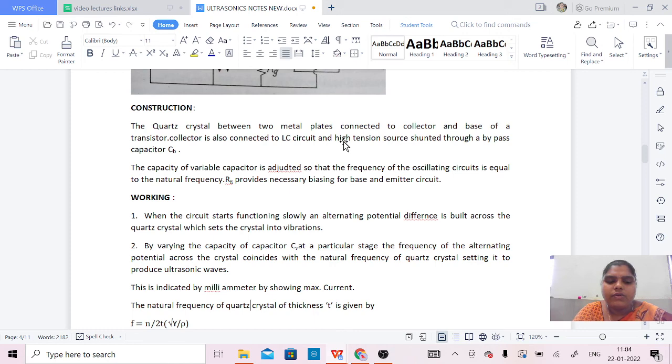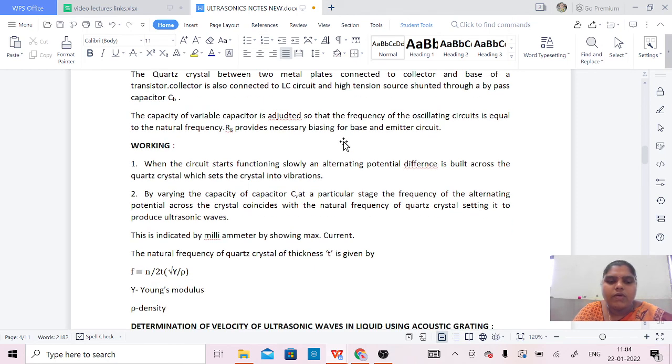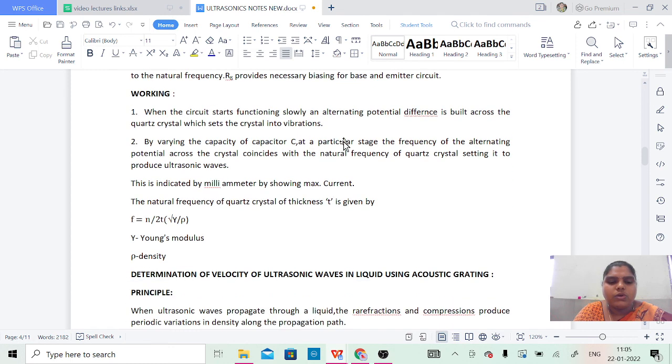The natural frequency of a quartz crystal of thickness t is given by f = (n/2t)√(Y/ρ), where Y is the Young's modulus and ρ is the density. By noticing the maximum current in the milliammeter, we can tell that the frequency matches and we get the ultrasonic waves.